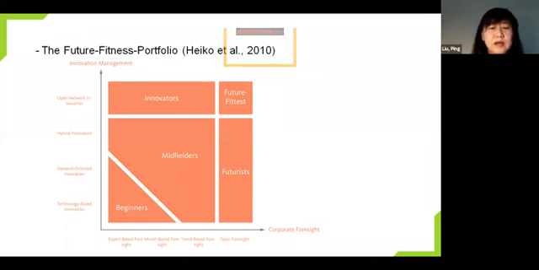And on the x-axis, to the left, they are less sophisticated in their corporate foresight, and to the right, they are more sophisticated in their corporate foresight. And the companies are striving to be the future fittest in order to be more competitive.